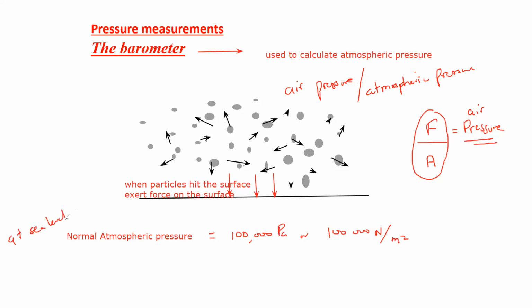But atmospheric pressure is not constant throughout the earth. It varies even from place to place, even on the surface of the earth, because it mainly depends on the number of the particles and the temperature at which these particles are there.